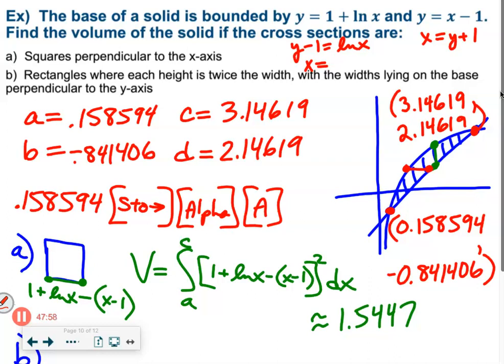E to the y. Oh yeah. All right, what does x equal? E to the y minus 1. So right minus left would be 1 plus y plus 1 minus e to the y minus 1.